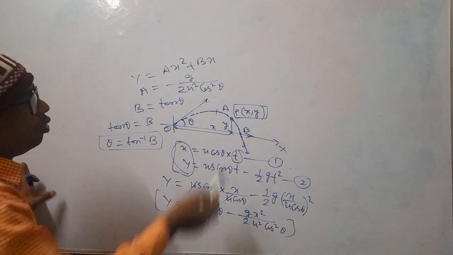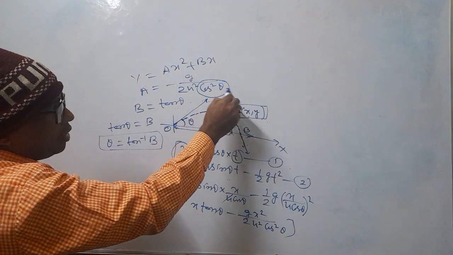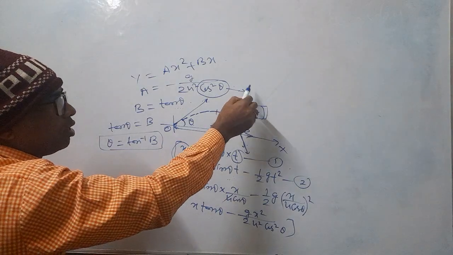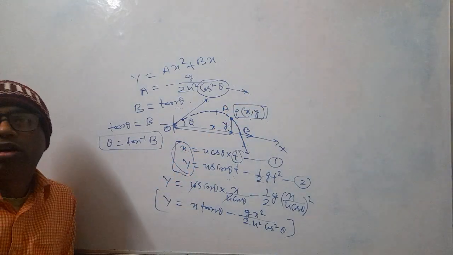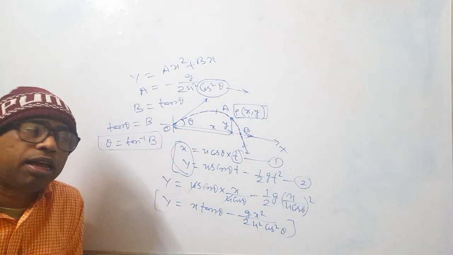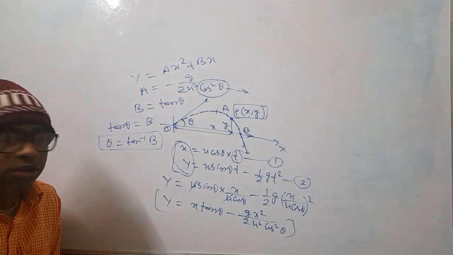You know cos square theta can easily be substituted in terms of tan square theta, because cos square theta is nothing but 1 by sec square theta, and sec square theta means 1 plus tan square theta.